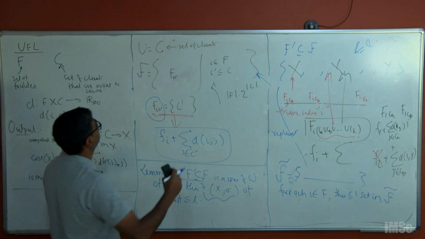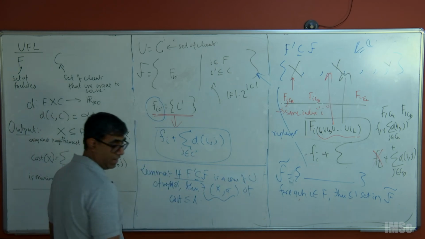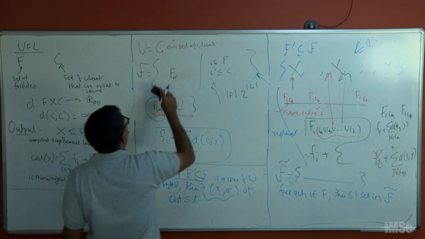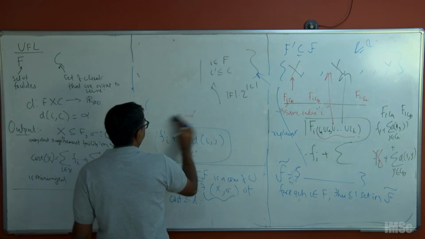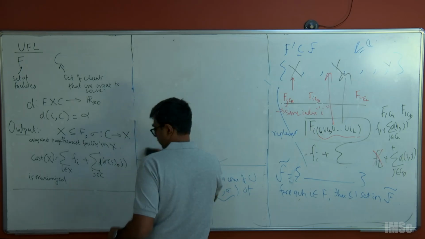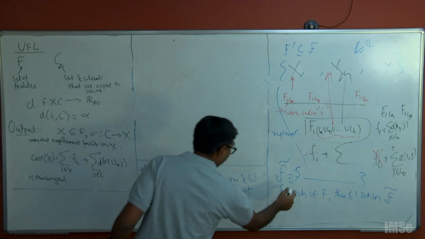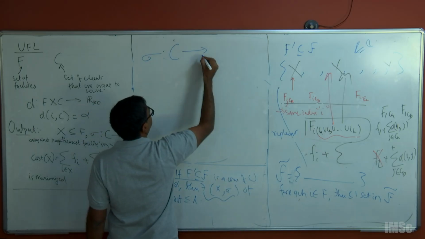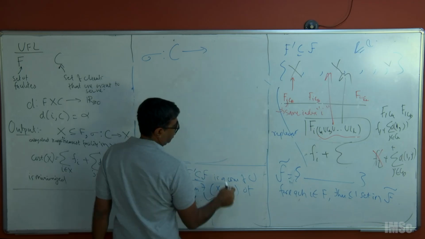Okay, fine. But now given this F tilde, I still need to define something. So how will I define it now? I'll define as follows. I have to define a sigma, and I have to define clients.